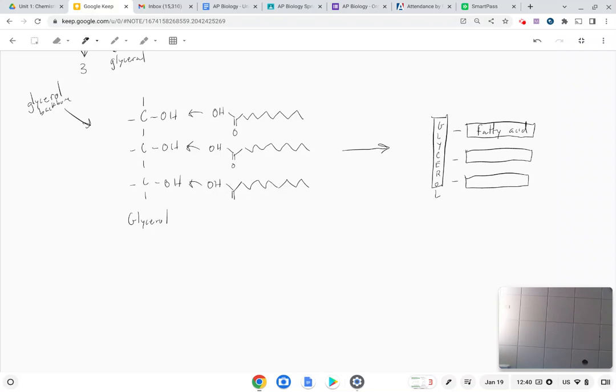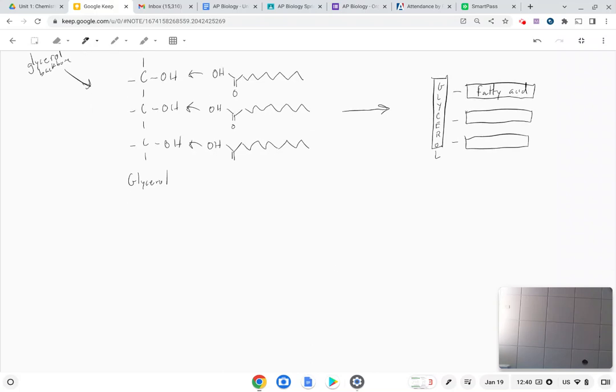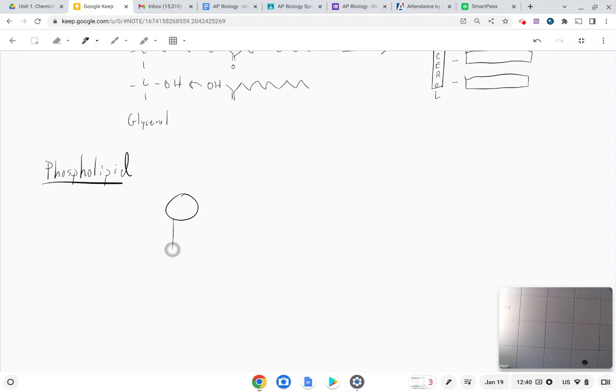There's another lipid that we need to talk about here called a phospholipid, and this is actually what makes up the cell membrane.